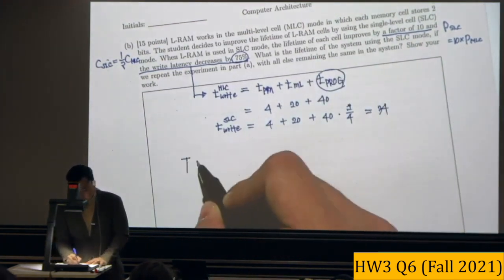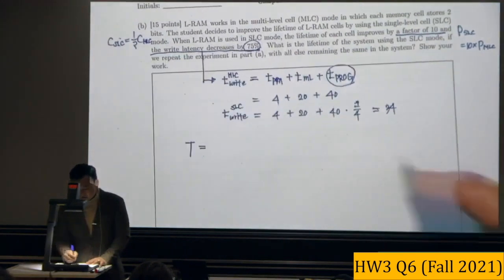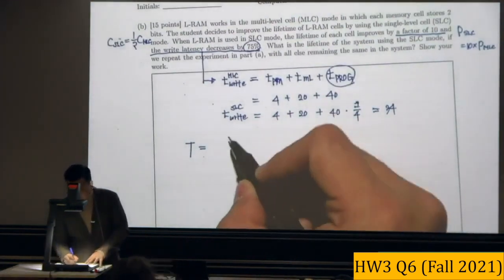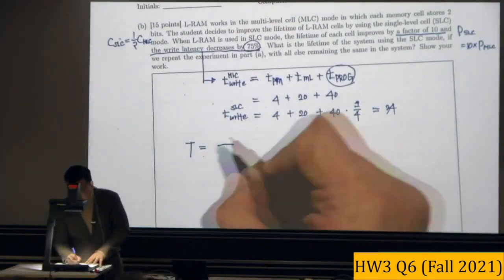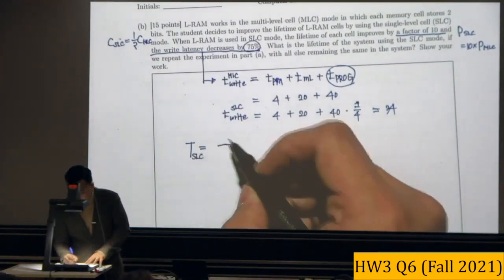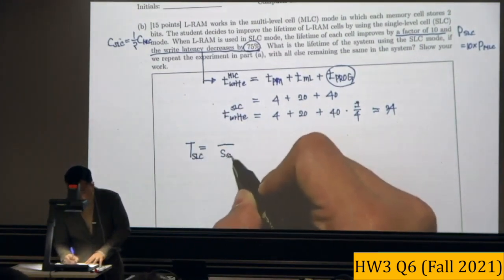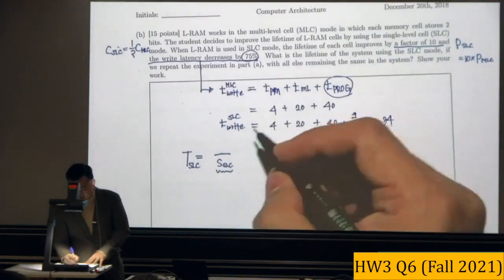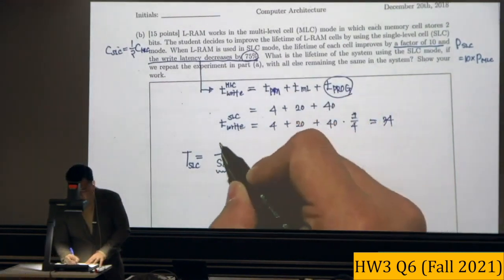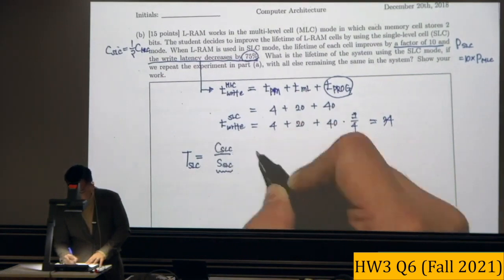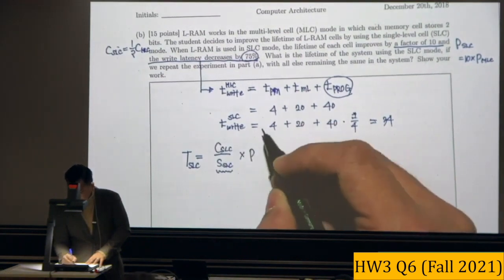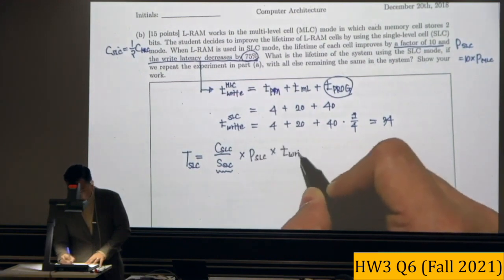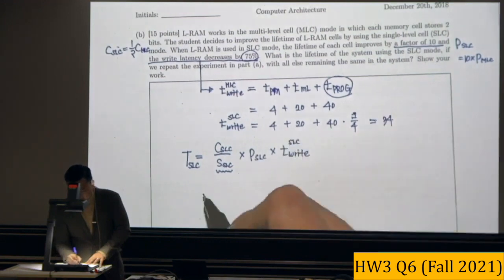And so again, we need to calculate the lifetime of this LM when it is used in SLC mode, and we can use the same formula here. And actually for SLC, the request size is not changed. So we can use the same value for this, and capacity SLC, limited programming cycle of SLC, and T write for SLC.